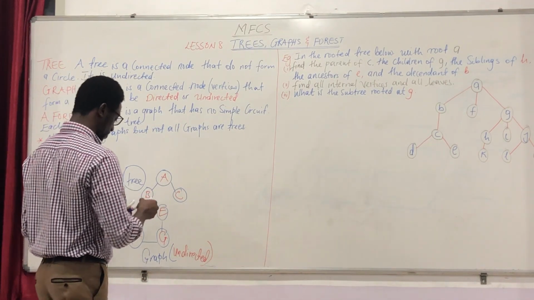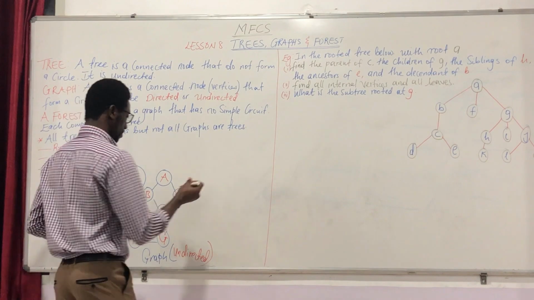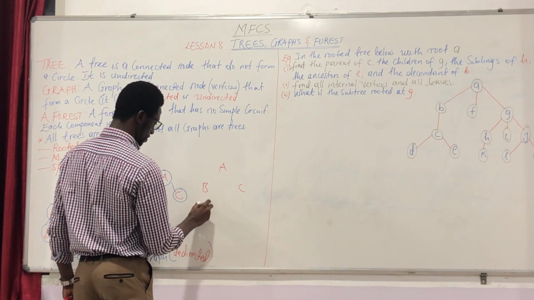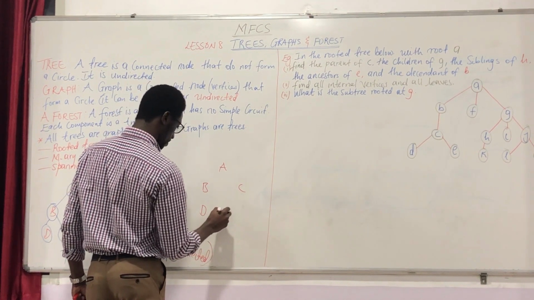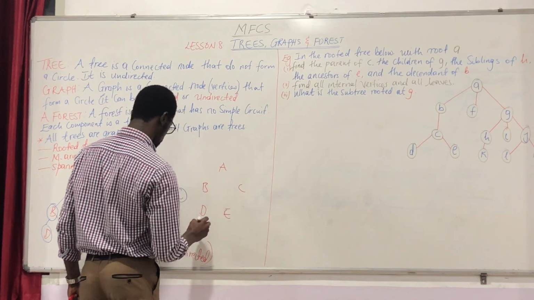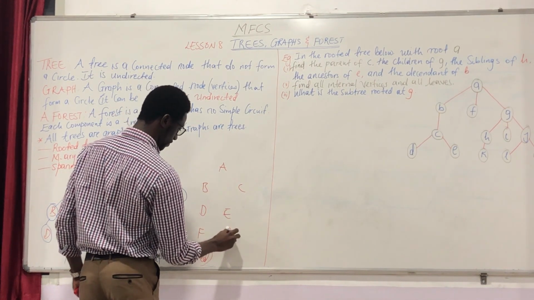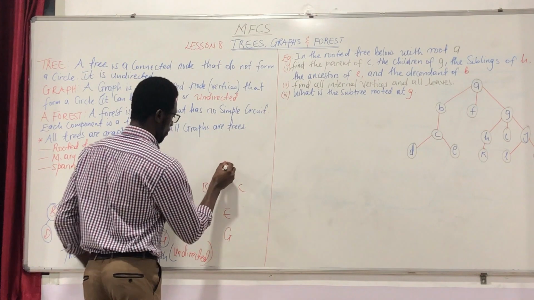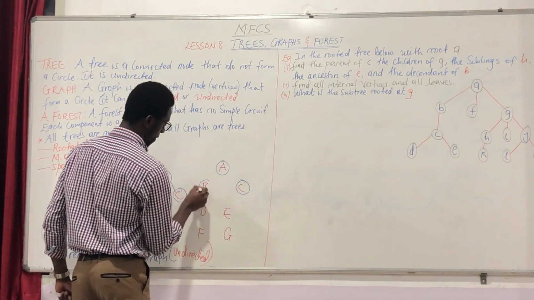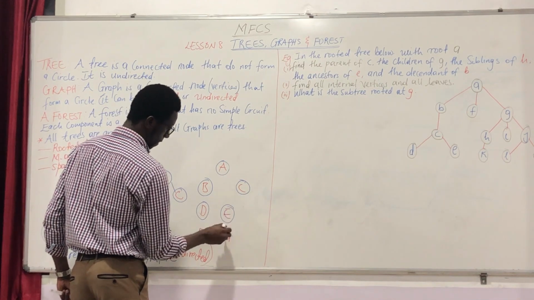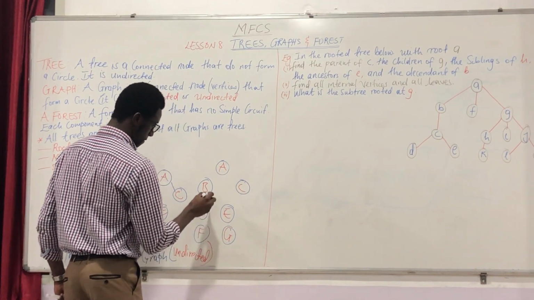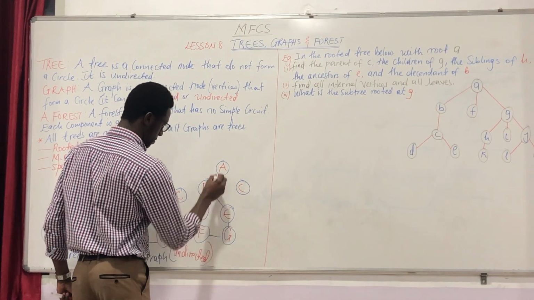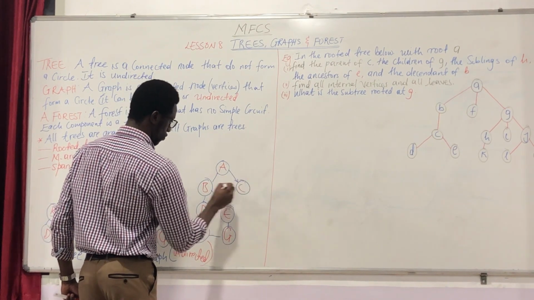We use the same diagram here: A, B, C, D, E, F, and G. So here now we have arrows.